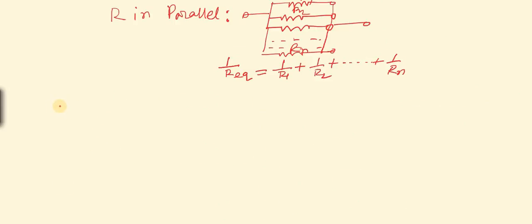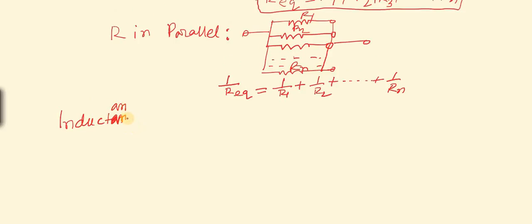Our next passive element after resistance is inductance. First we will try to define inductance. Now we know that a current carrying conductor produces a magnetic flux which links through it.